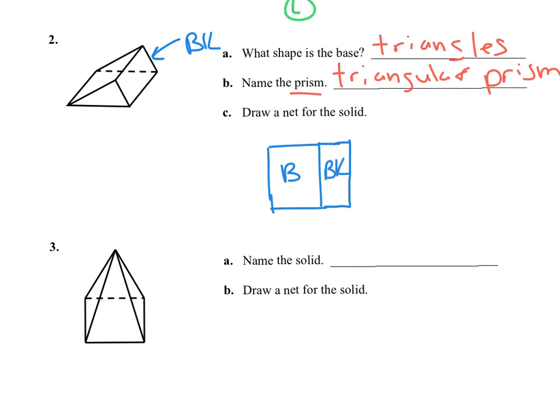Okay, and then I'm going to go ahead and put the top of the shape, as it's drawn, in the front. Now the top may not necessarily be the same as the bottom, but it looks pretty close. So I'm going to draw myself another rectangle that looks somewhat congruent to the bottom, and I'll call that T for top.